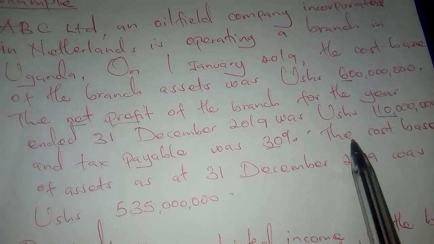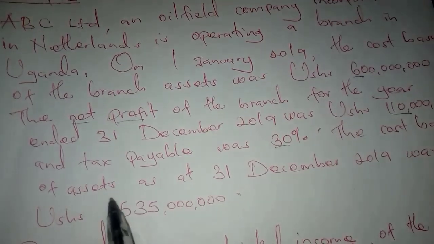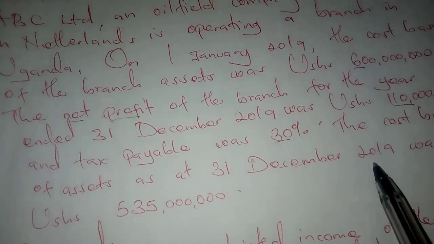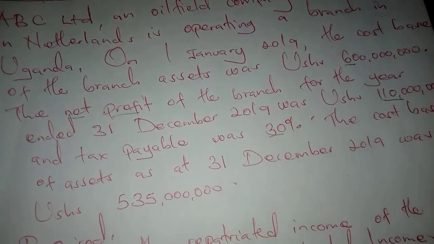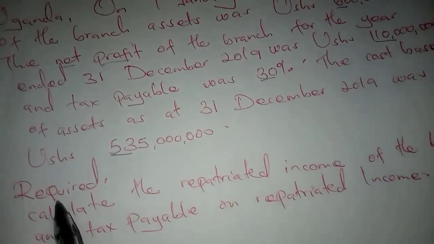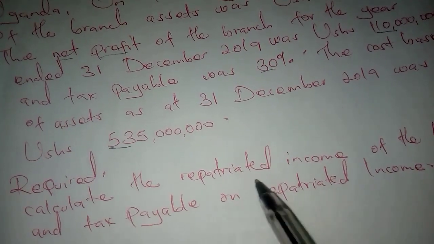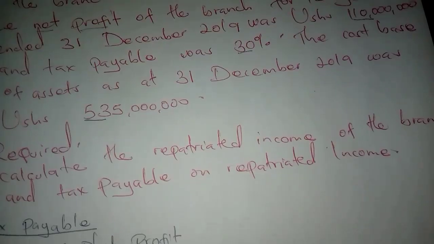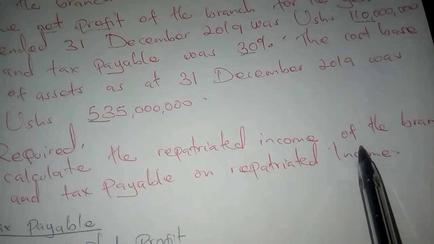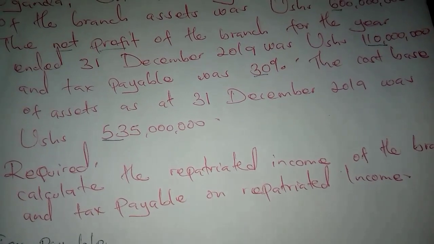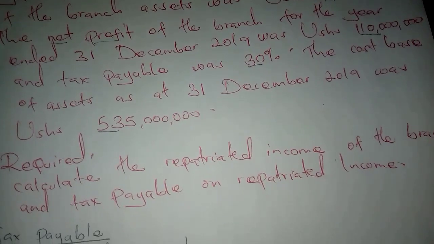Then the cost base of the assets at 31st December 2019, so the cost base of the assets at the end of the year, is this. They want us to calculate the repatriated income of the branch and then the tax payable on the repatriated income.